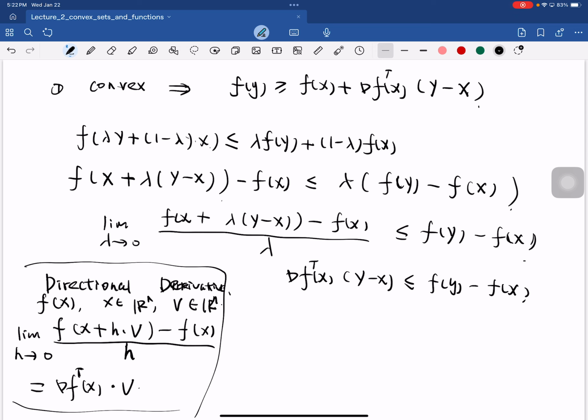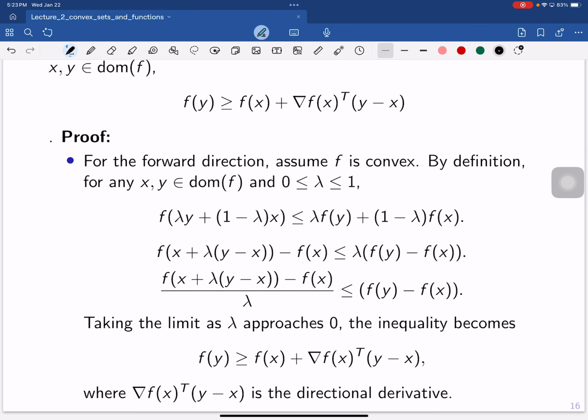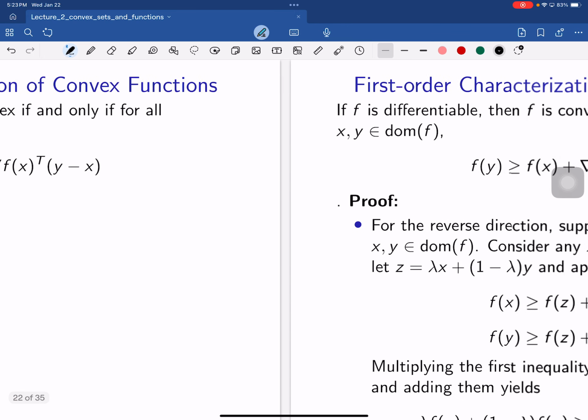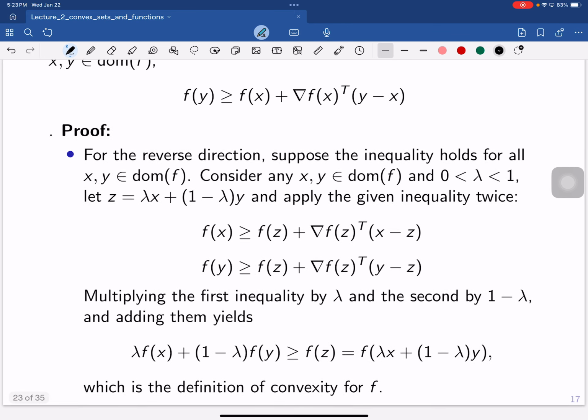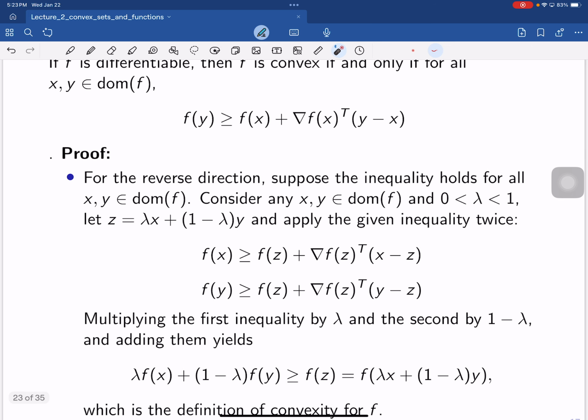So you could read a little bit about it and try to absorb it after class. And then we can also show the other way around, which is relatively simple. I will just show you the typed notes. This is the proof. The way to show the other way around is to consider any x and y, and consider a point z, which is a convex combination of x and y.